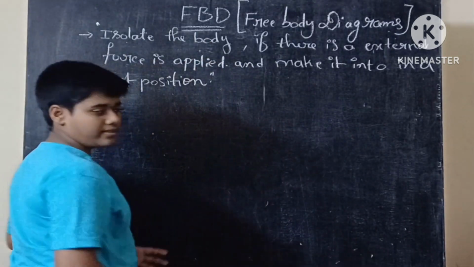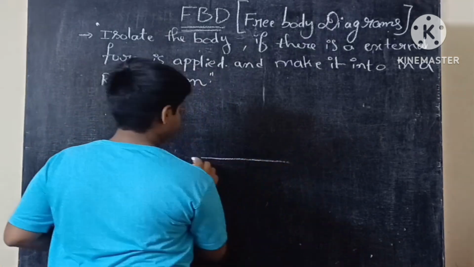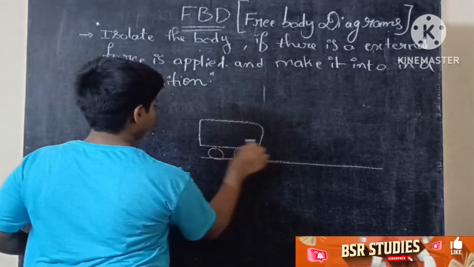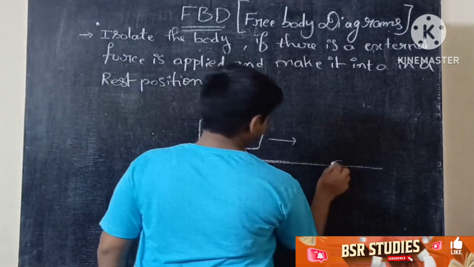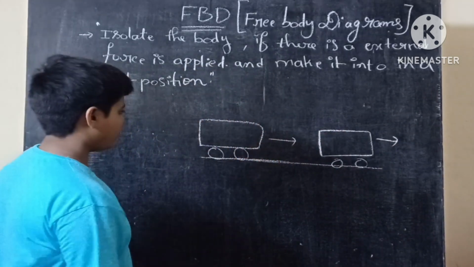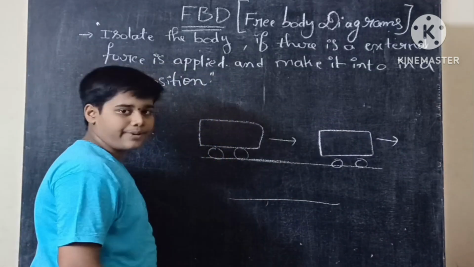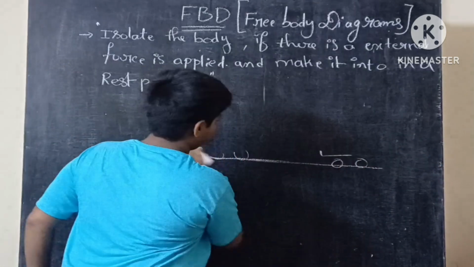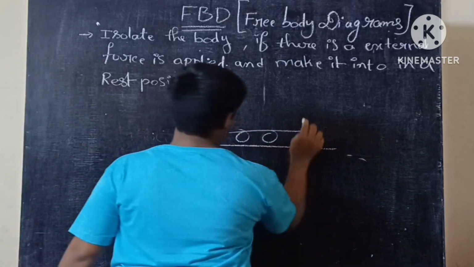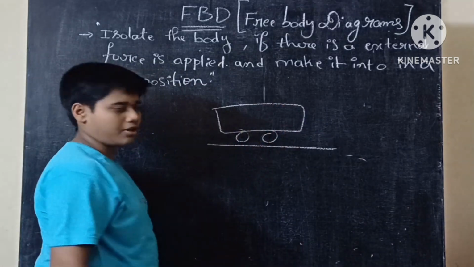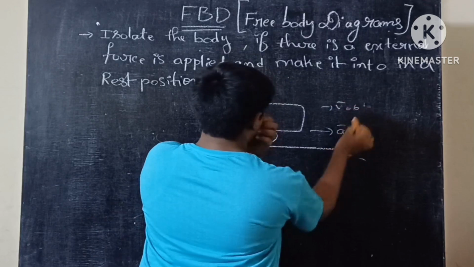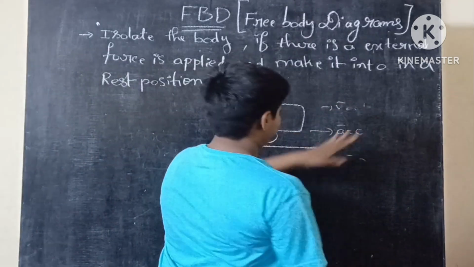For example, what does isolate the body mean? If I take a horizontal road and a car is traveling like this, and it reaches some displacement after t seconds. If we apply brakes, the car stops. Acceleration is 0, and final velocity is also 0.